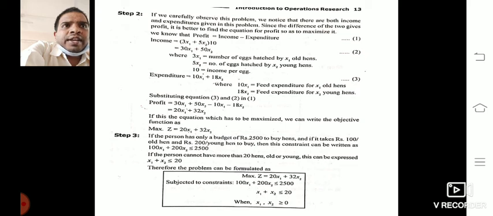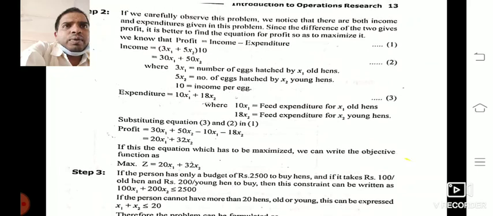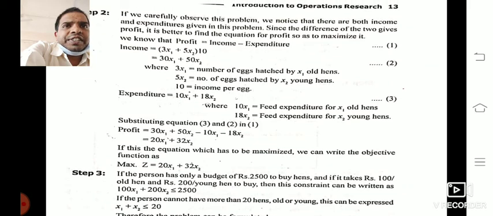He has given the income as well as the expenditure. By using the formula profit equals income minus expenditure, we need to find out the income here, and then the profit.